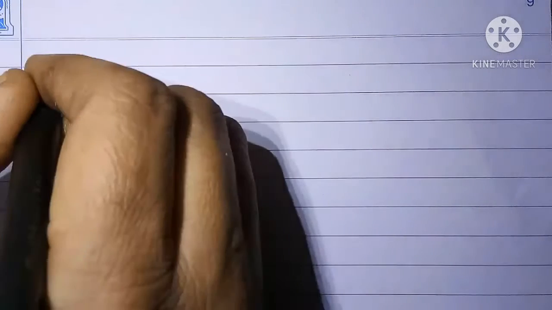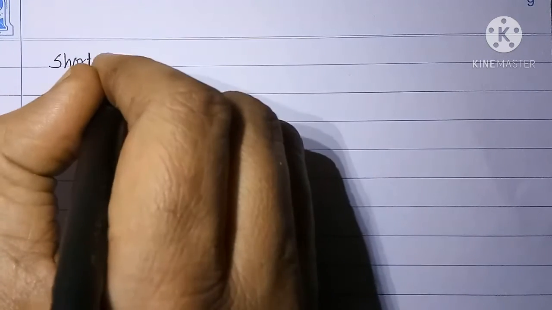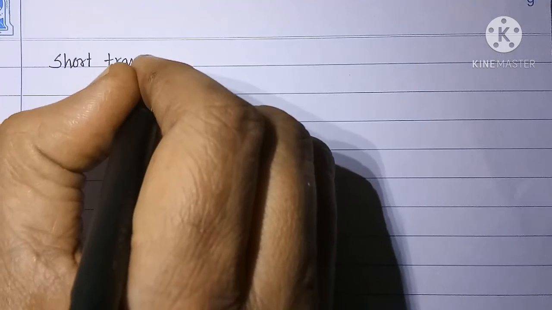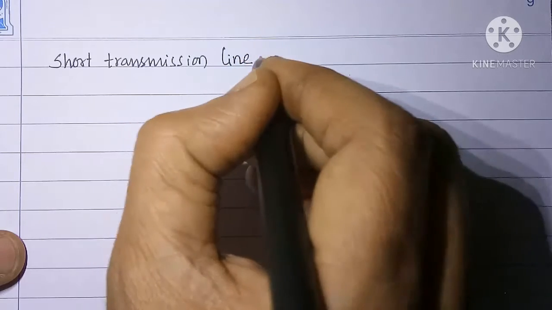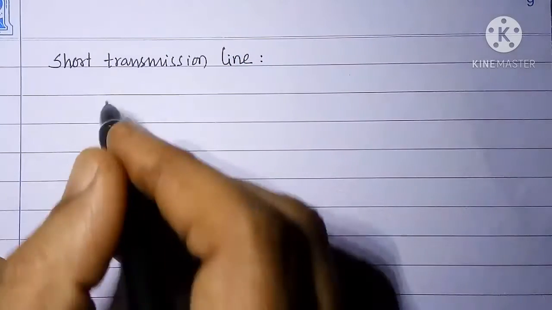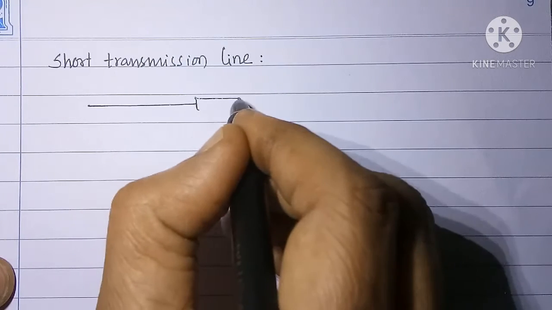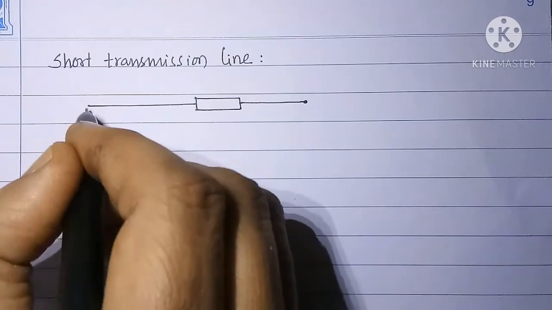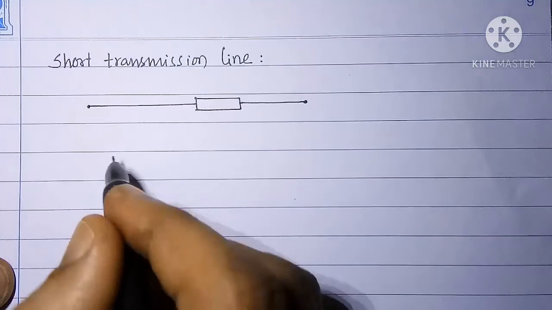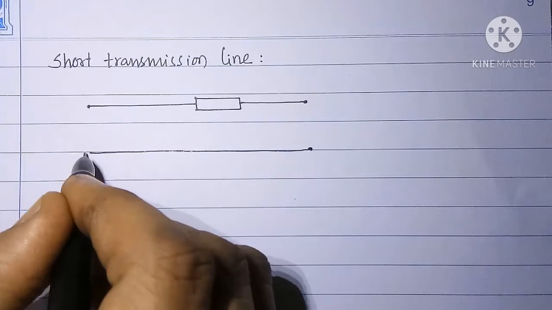Now we will take short transmission line. As already seen, in short transmission line, resistive and inductive impedance is shown in one of the conductors and capacitance is neglected.